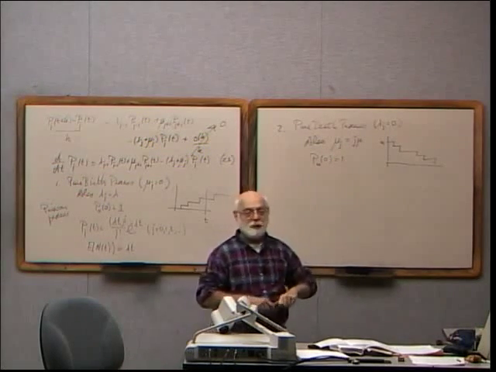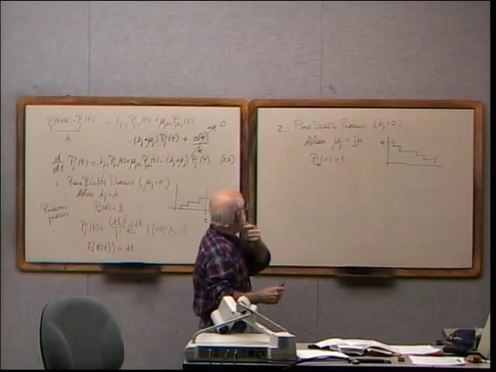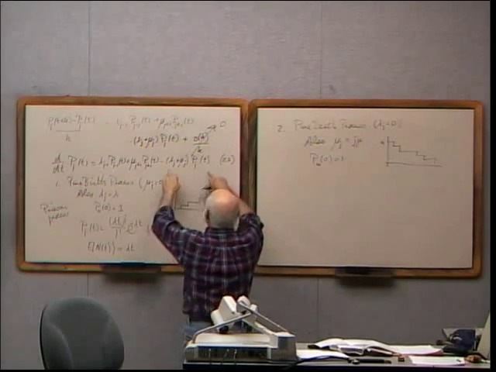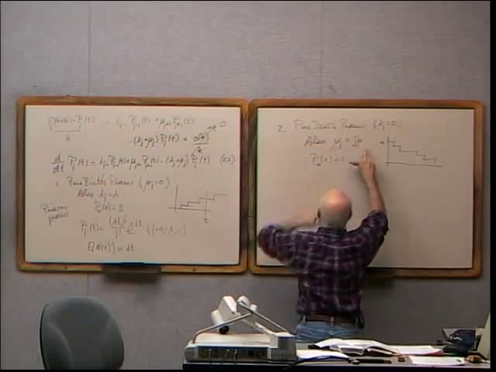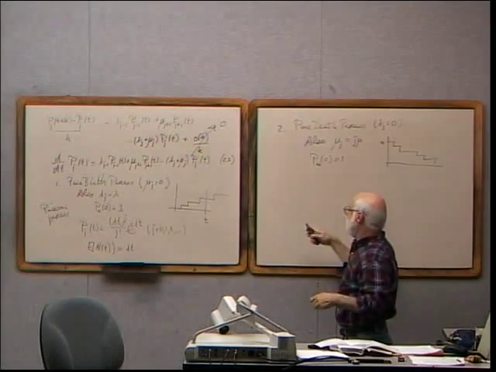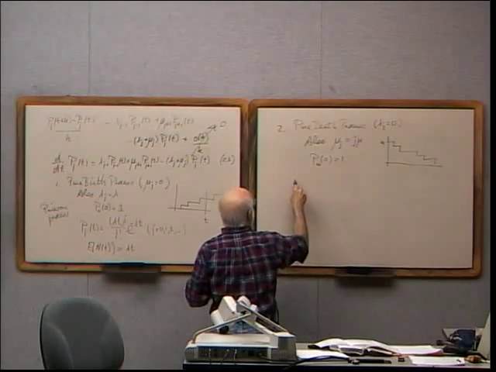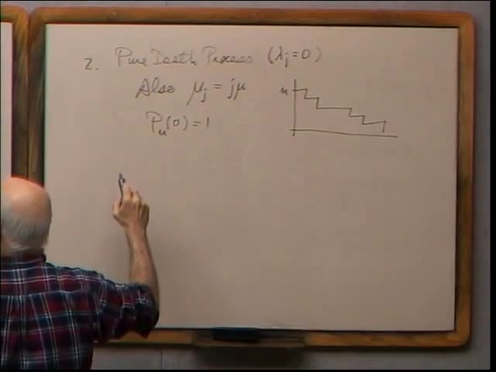In any event, when you write down these equations for this case, it looks more complicated, but the important point is that we can solve it. And so here is the solution. The solution is given by this.